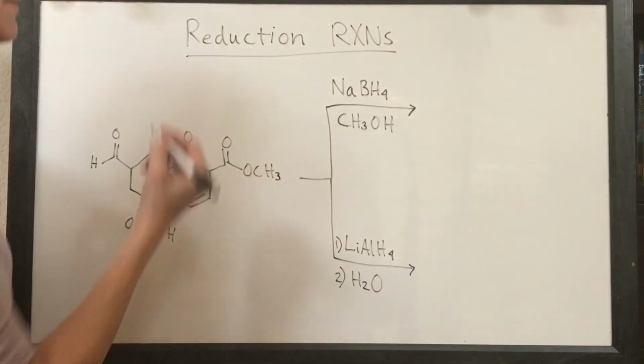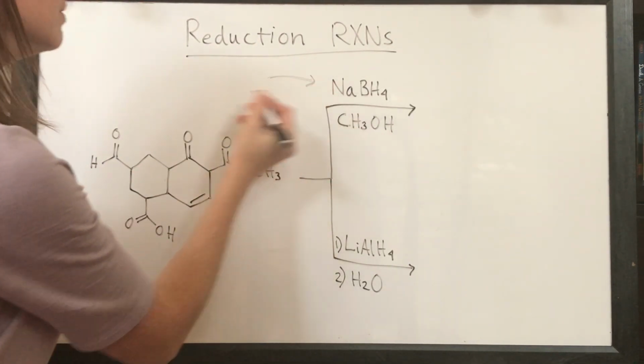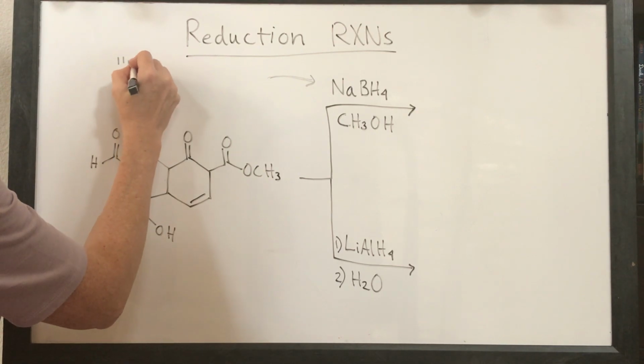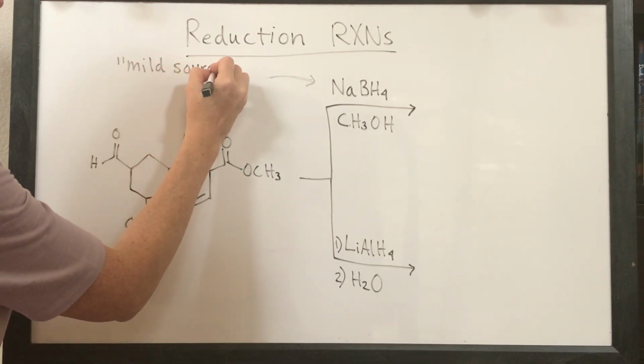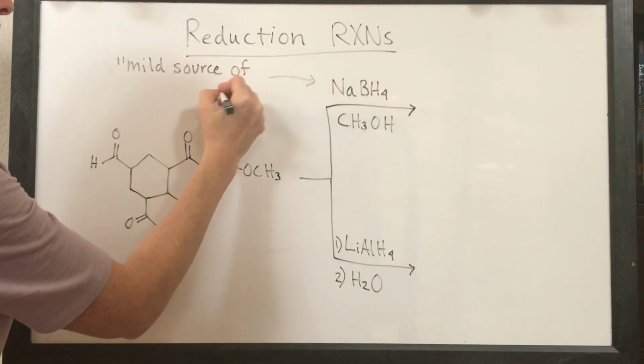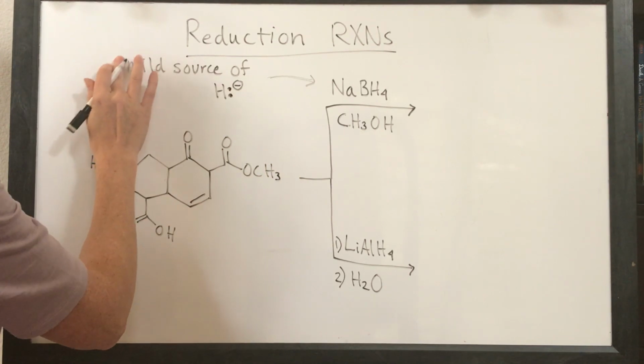So I would describe the difference in these as the sodium borohydride being a mild source of a hydride ion, H minus.